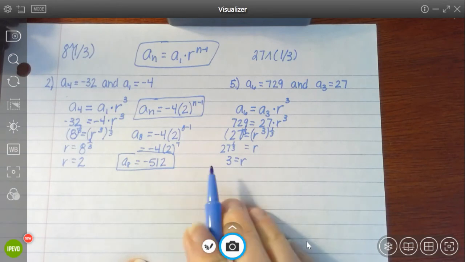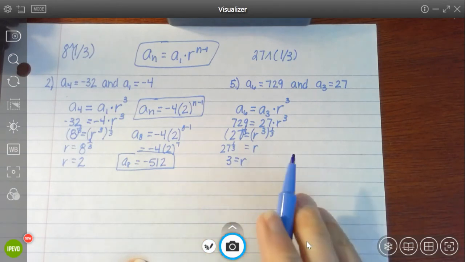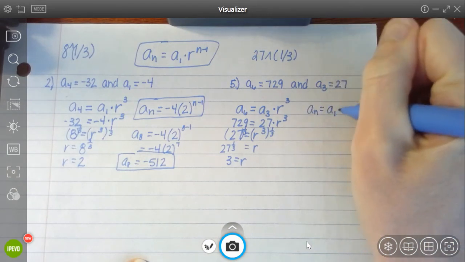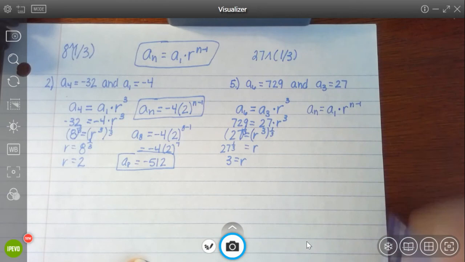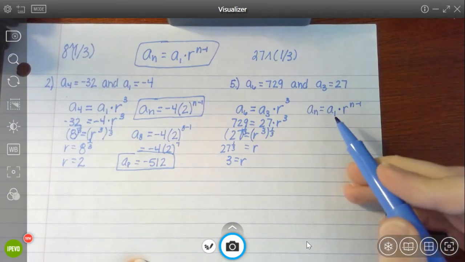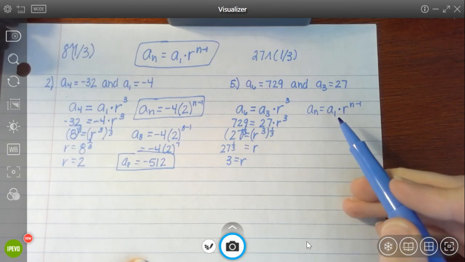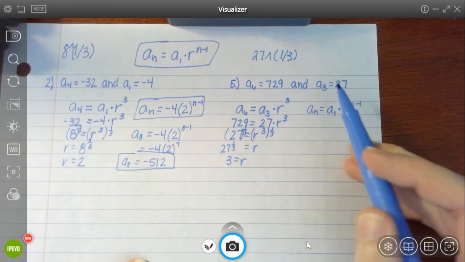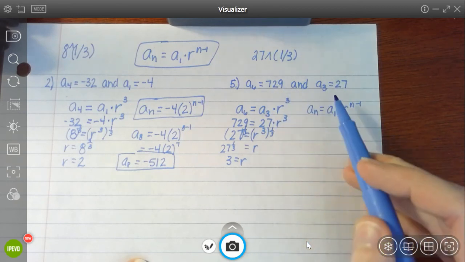So now I know that R is 3, so I can start trying to build my formula where we use a sub 1 times R to the n minus 1. For this problem right here, I'm going to choose one of these two. It doesn't matter which one you pick.